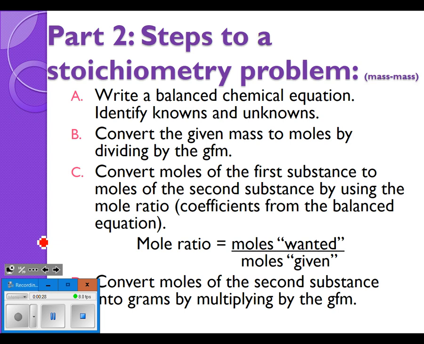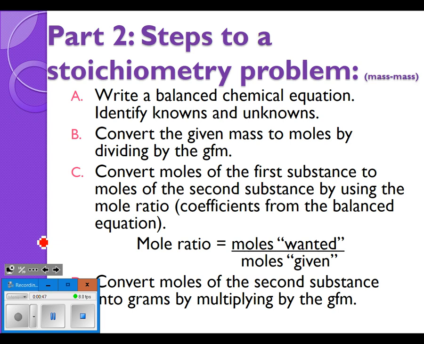But you're starting with a different unit. You're having to convert from that unit to moles. You're then going to have to do a mole-to-mole ratio, and then you're going to have to convert from moles back to whatever unit. So the first step, and it's really A, B, C, D in steps. And if you can remember A, B, C, D, you can do this.